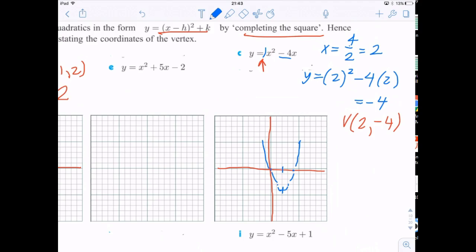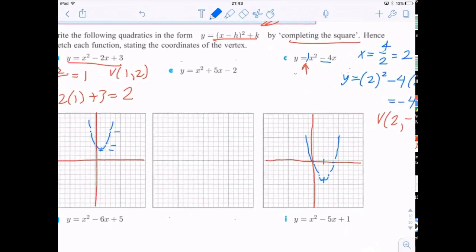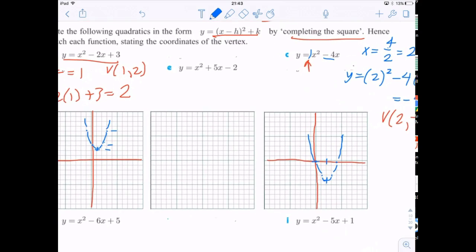Going on to E. By the way, did you notice here that the y-intercept is at (0, 0)? That's because c is 0, right? For E, x equals negative b, which is -5, divided by 2. Okay, -5/2. And the y value is going to be, -5/2 is -2.5, right?